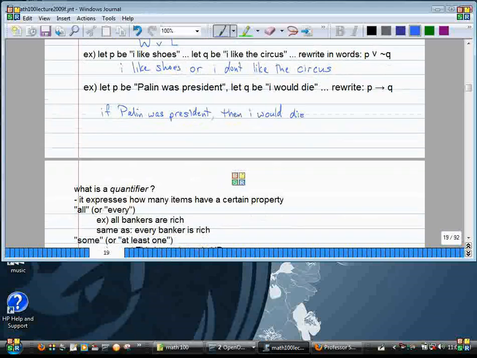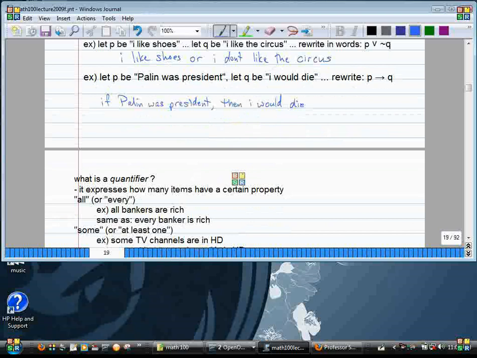Second quantifier, some. As in, some TV channels are in HD. Now, this is one case where the way that we use a word in English may not line up exactly with how we use it in logic. In logic, the word some means exactly the same thing as at least one.